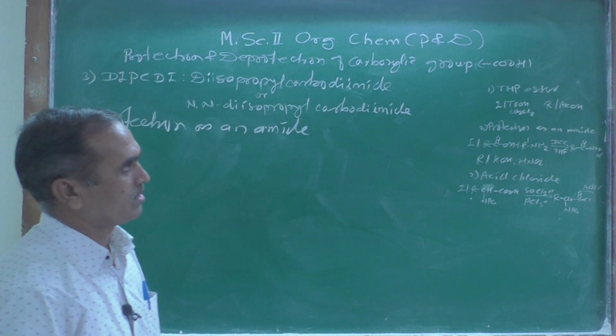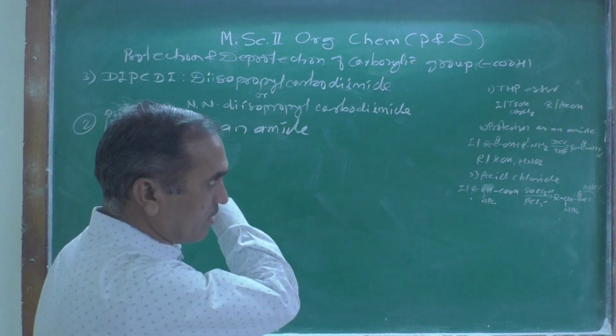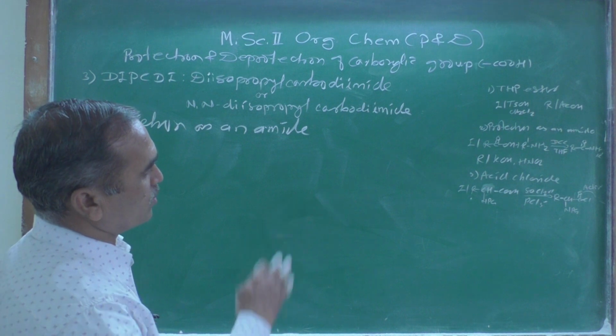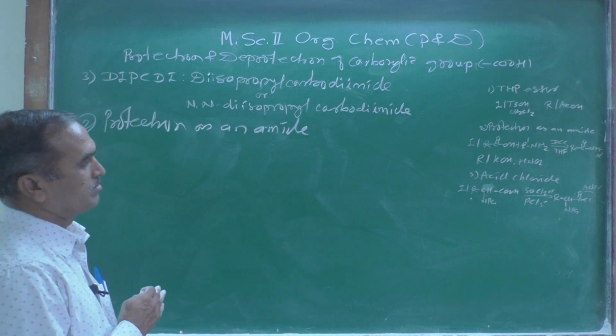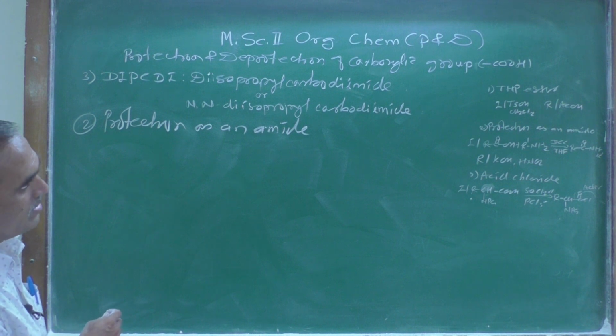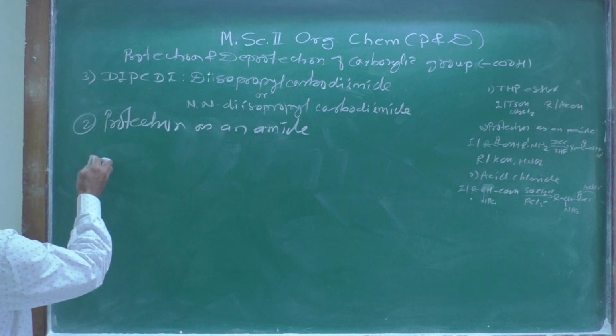Generally you know the structure of an amide, right? Amides are neutral in nature, even though they contain a nitrogen atom. Let us see one example of what we get.